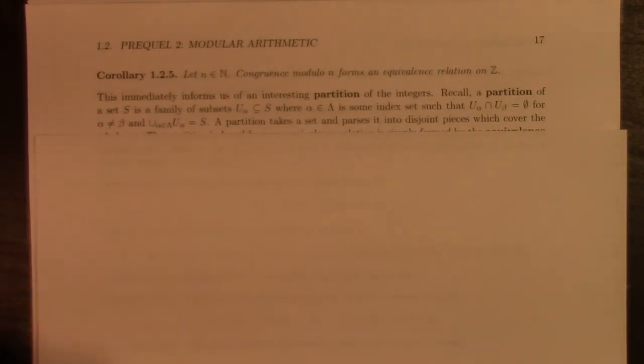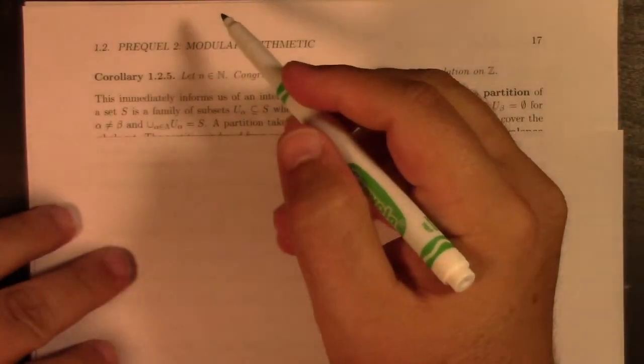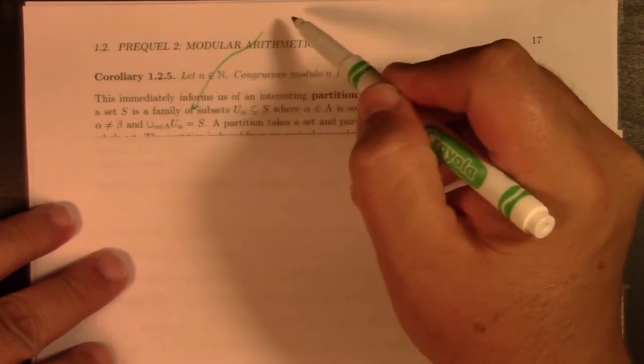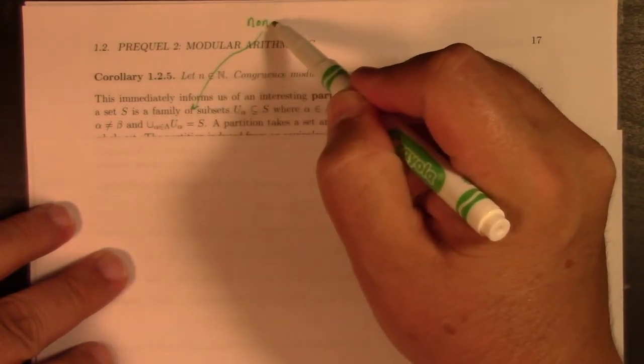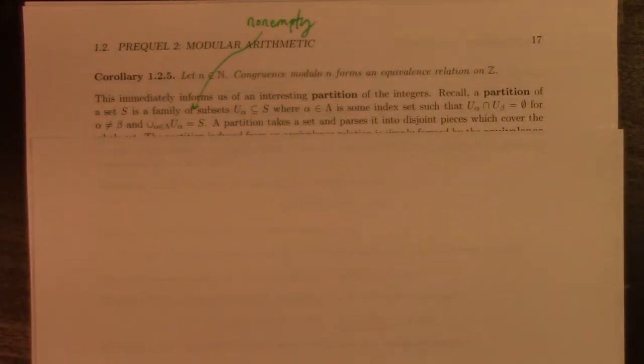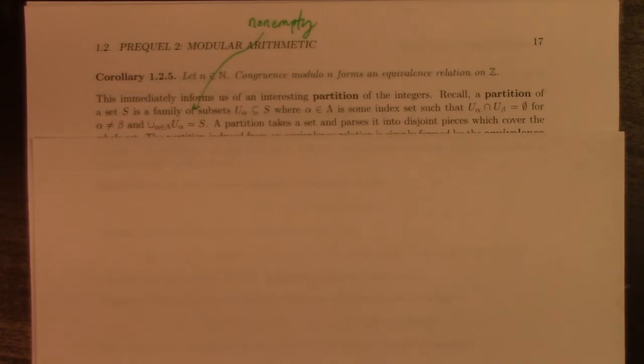I keep forgetting to edit that in, but the important word that's missing is non-empty. Now, some people would say that this equivalence relation affords that partition. I think that was the language, but anyway, that's the partition.